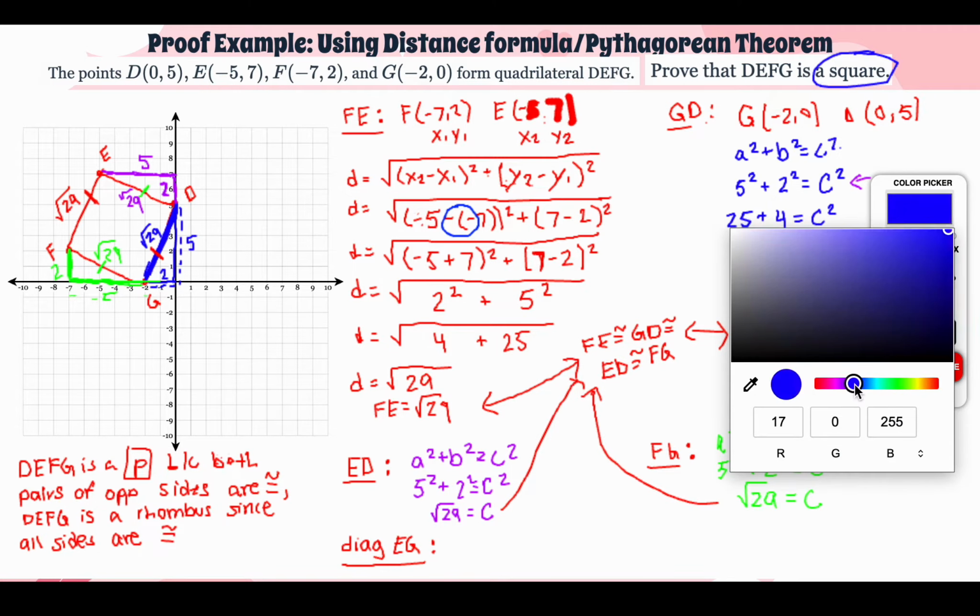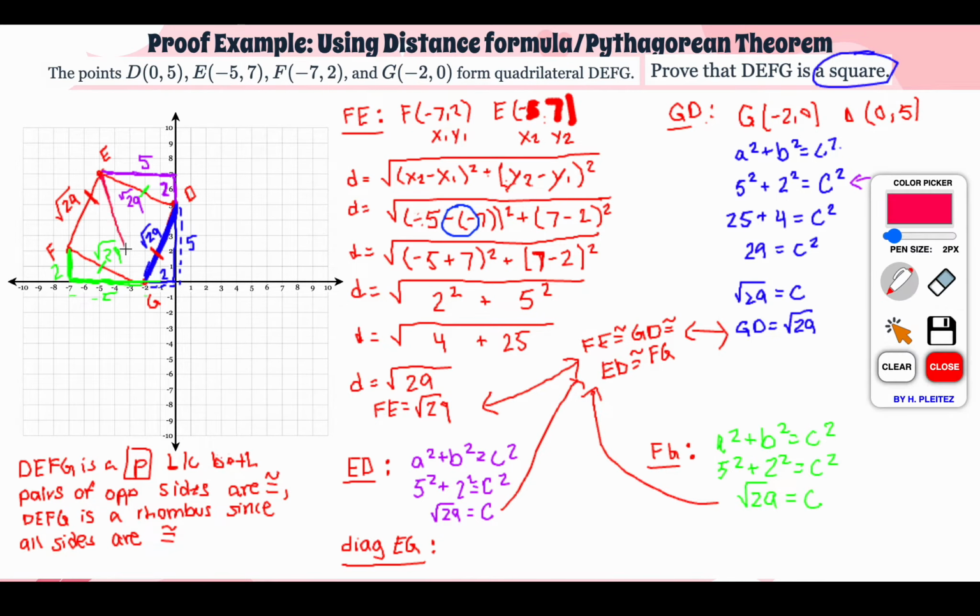So your picture might be getting a little sloppy at this point. That is okay. I'm going to try to find a different color here if I have one. Let's use this burgundy-ish color. So diagonal EG is right here. Now again, this is a little bit trickier though. If you have a diagonal, your right triangle is kind of already created for you.